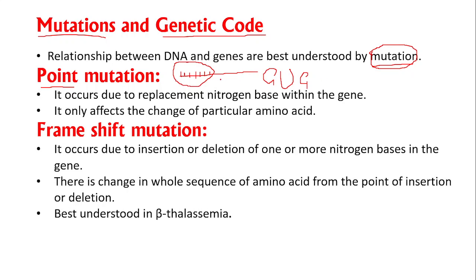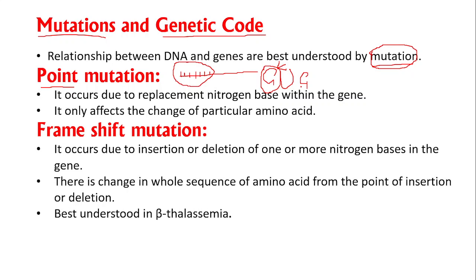So like that, mutation at one particular nitrogenous base is called point mutation. What is point mutation? Mutation that occurs in only one codon, particularly in only one nitrogenous base.